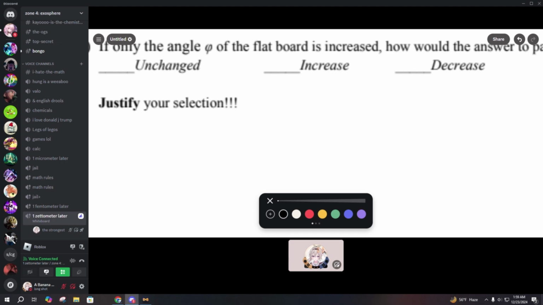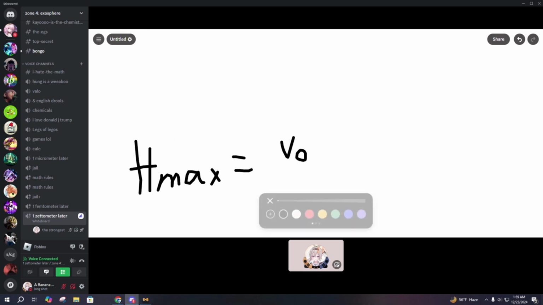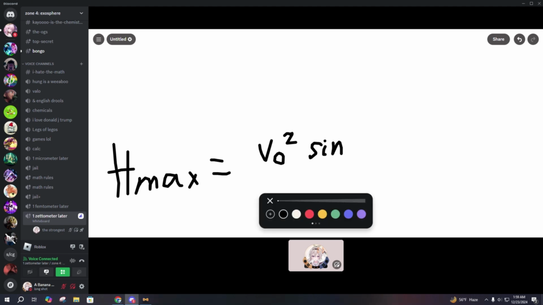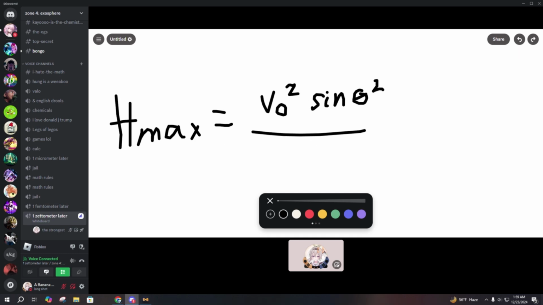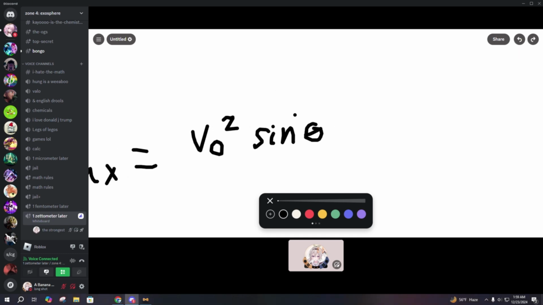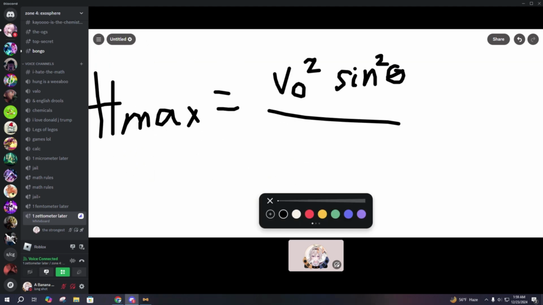Now, if the angle of the flat board would increase, how would the answer to part A change? Well, let's go to our Hmax equation, actually, because it will be easier to see the impact that way. Hmax is equal to, I'm just going to alter it for the problem, V0 squared sine squared theta over 2 times the acceleration, which is not g, but rather g sine phi.